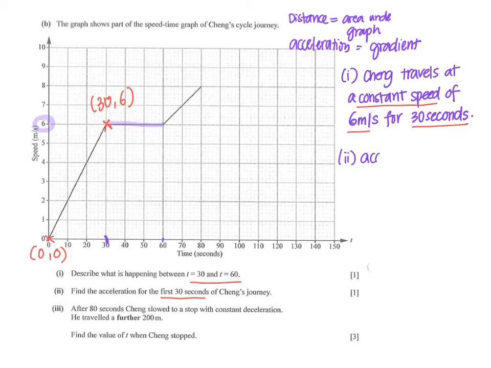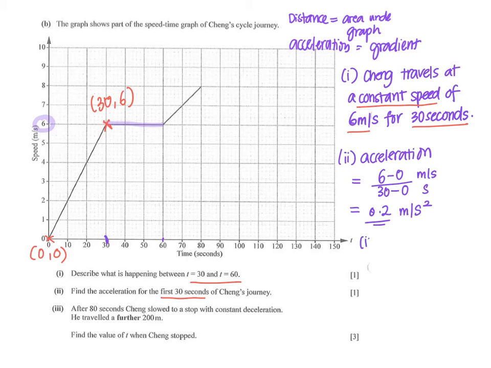The gradient is y2 minus y1 over x2 minus x1, and we'll get 6 divided by 30 to give me 0.2. This is meters per second, this is seconds, so I get the unit for acceleration to be meters per second squared.